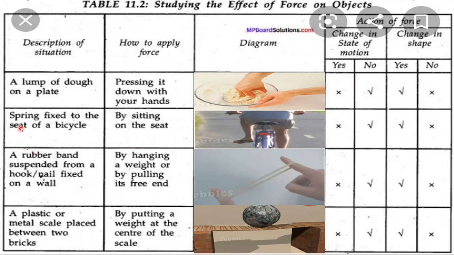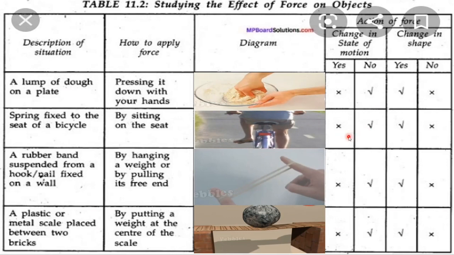The next situation is a spring fixed to the seat of a bicycle. Here in this picture you can observe one person riding a bicycle. You can observe one spring that is fixed to the seat of the bicycle. As the person sits on the seat, what is happening? Is there any change in the motion if you just sit on the bicycle?